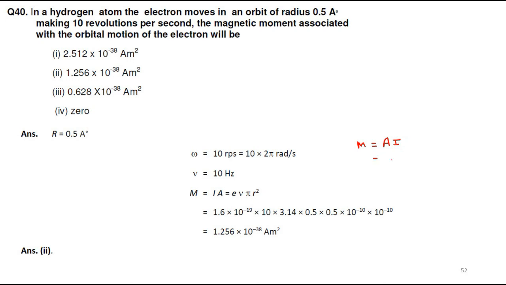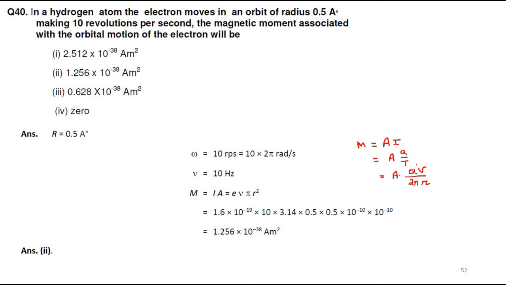But instead of the current carrying coil, we have an orbiting electron, which can be compared to a current carrying coil, for which I is equal to Q by T. So this will be A into Q by T, where T is 2 pi R by V, distance by speed.